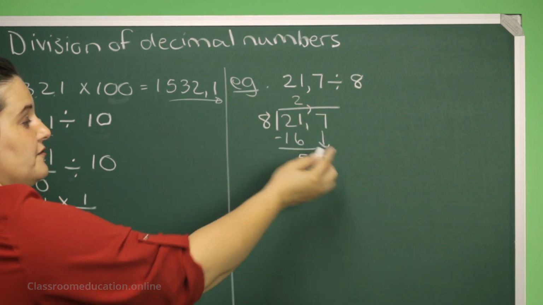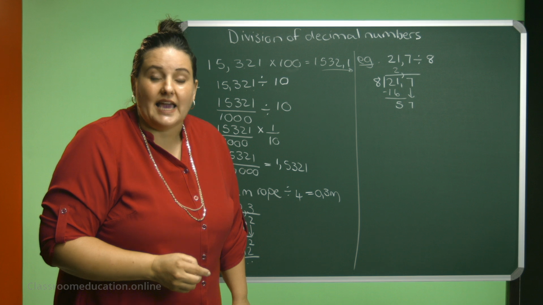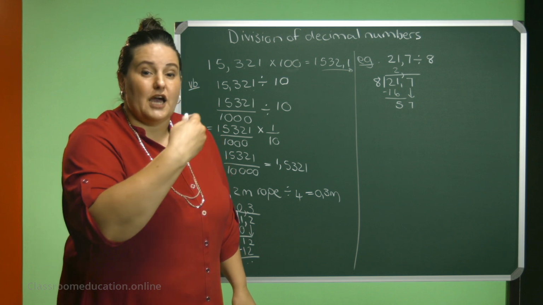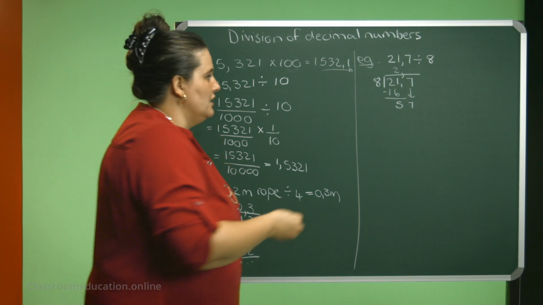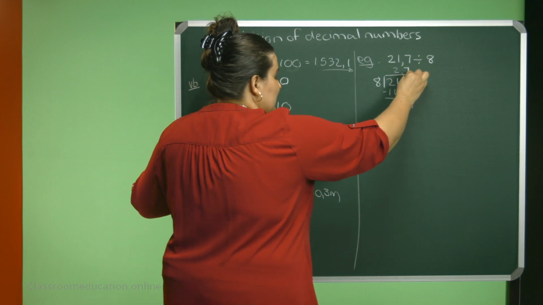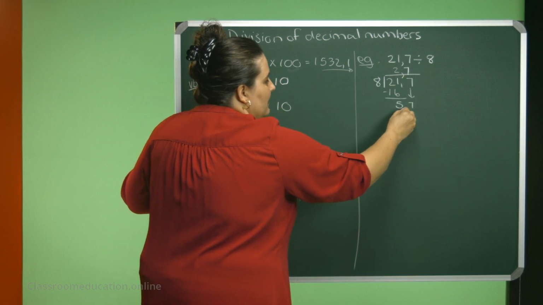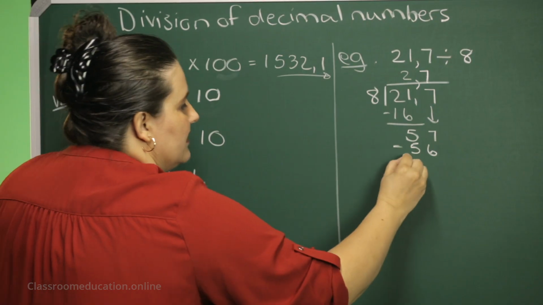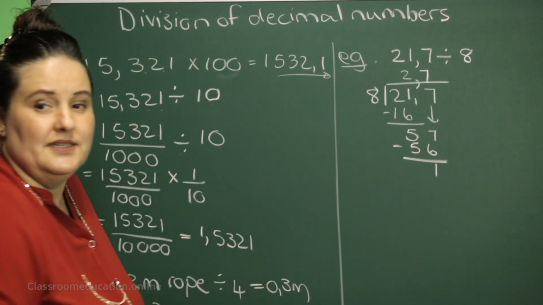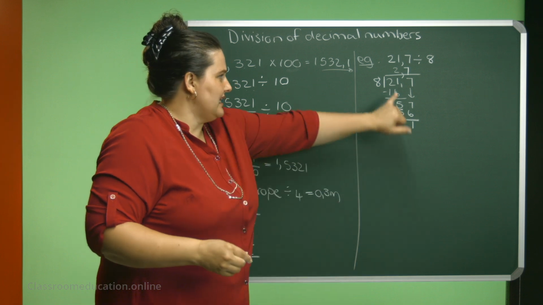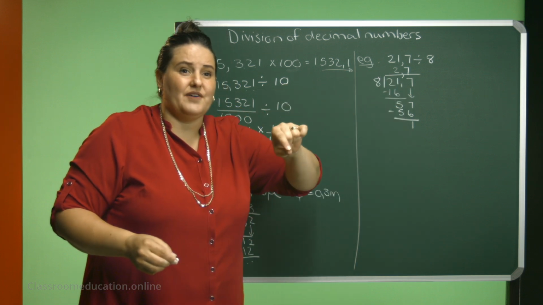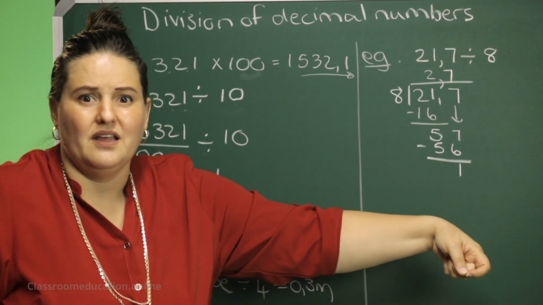Can 8 go into 57? Yes. 7 times 8 is 56. So it can go in 7 times. Get the difference. It's a 1.